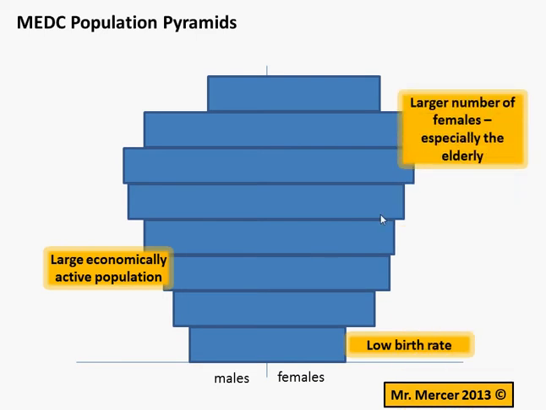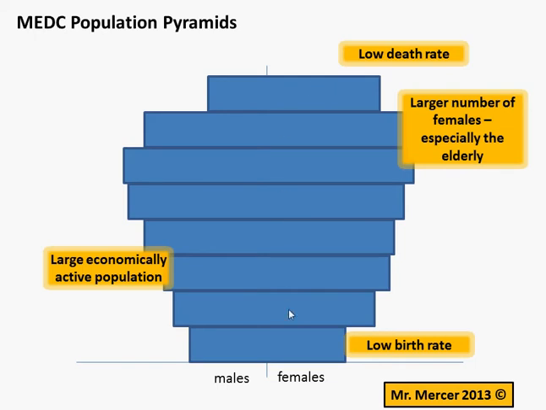Next, we have large numbers of females. Now, this may be available to talk about. It is not evident on all graphs. The larger number of females will be a subtle feature of your graph, and you have to look carefully.